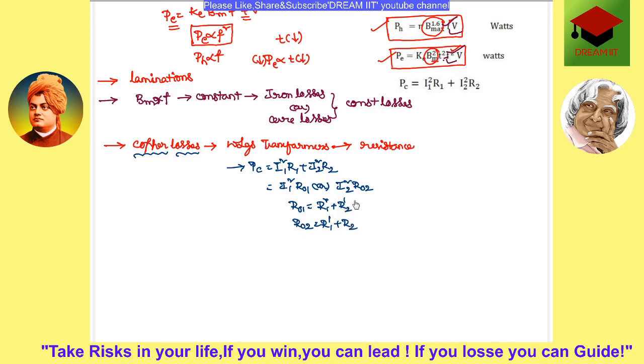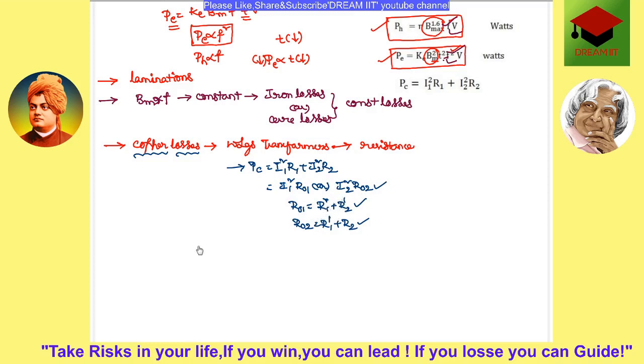The dash indicates that whenever you refer the secondary winding resistance to the primary winding, we consider R01. Whenever you refer the primary winding resistance to the secondary winding, we consider R02. In simplified form we can represent it as I1 square into R01, or I2 square into R02.